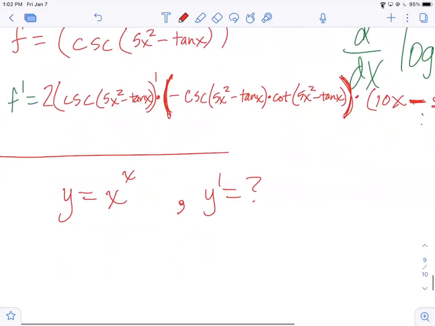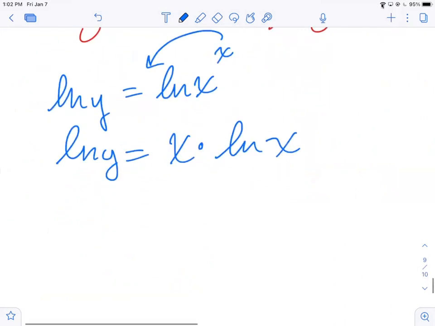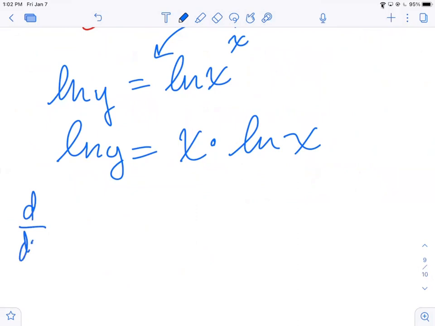Well, let's see. Let's finish this real quick. You have to take the log of both sides. Natural log of y equals the natural log of x to the x. Because it brings it to the front. x times the natural log of x. Now you take the derivative implicitly, so you need to put d dx. The left side becomes 1 over y times dy dx.